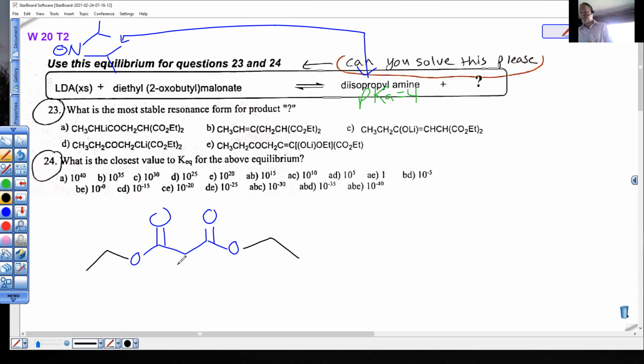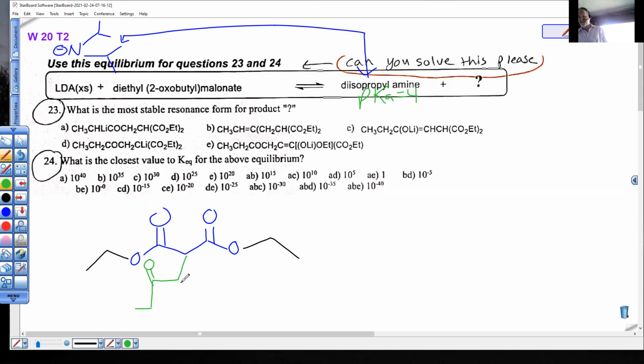The only position to put a group is on this middle position, and we have a 2-oxobutyl group, so I'm going to make sure I finish drawing a butyl group. 1, 2, 3, 4, and on carbon 2 we have this, and this gives us a variety of pKa options. We have a 20 here, alpha to a ketone.